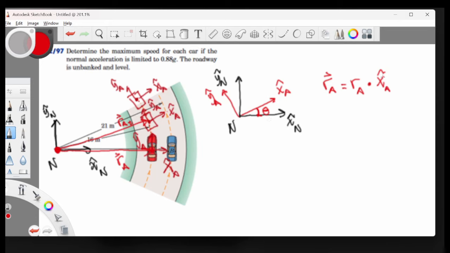Now let's think about the x hat A unit vector described in terms of the xN and the yN unit vectors.